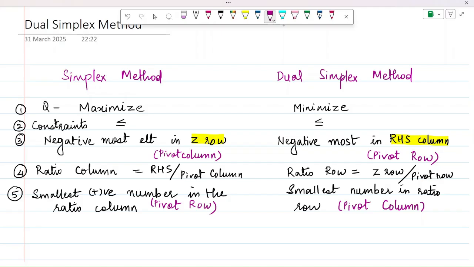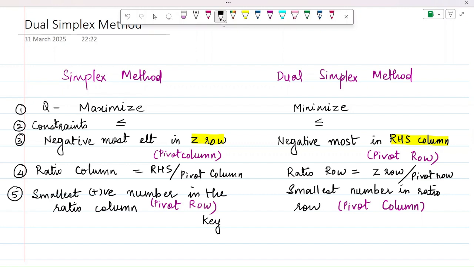Once you make the key element equal to 1 in both the cases, you convert the pivot columns into identity, that is 1, and all the others zeros. Okay, so I'll just write down the steps in common for both.